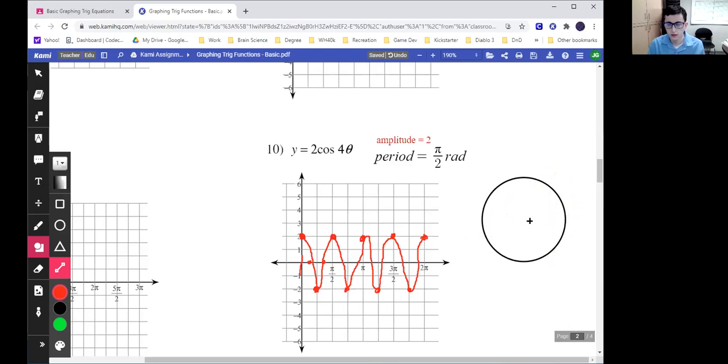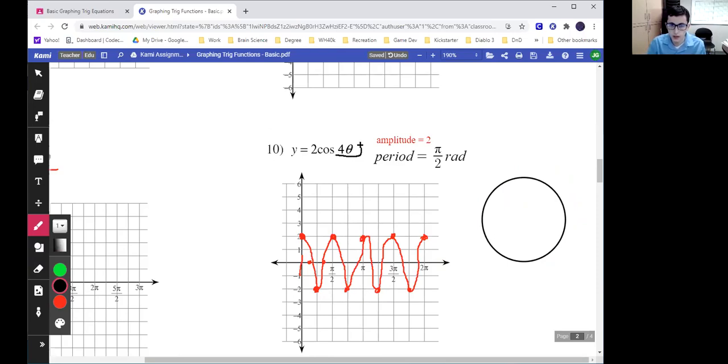Now, in degrees, we call that 360 degrees. But in radians, that's called 2 pi radians. A full rotation is called 2 pi. So you could say a regular period would be 2 pi radians.